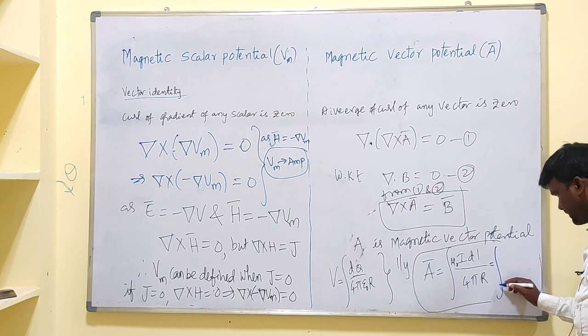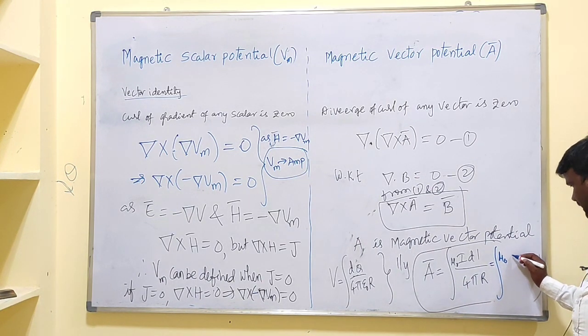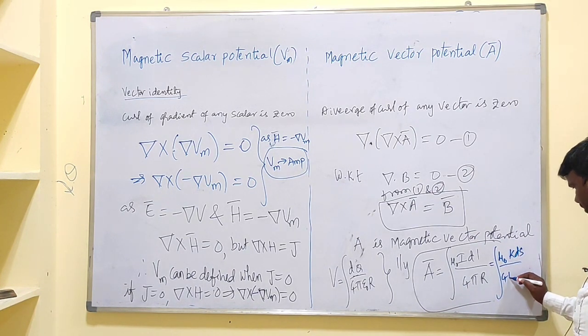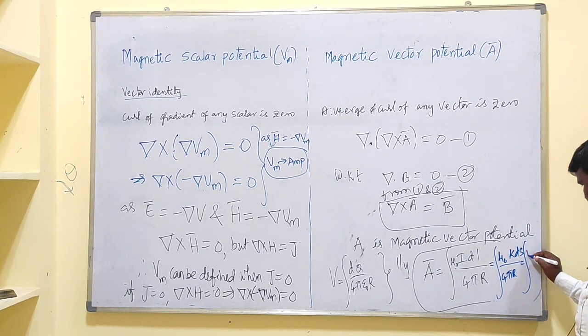For the surface current element, IDL can be replaced with KDS, mu naught KDS by 4 pi r, or in case of volume current it can be replaced with JdV.